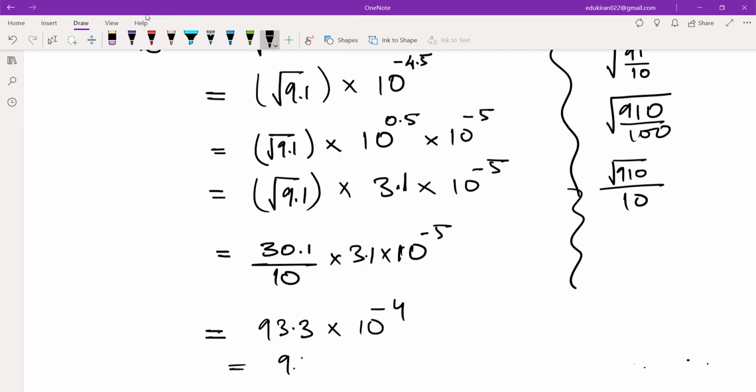So we can write this as 9.33 into 10 to the power minus 5, sorry, because 9.33.